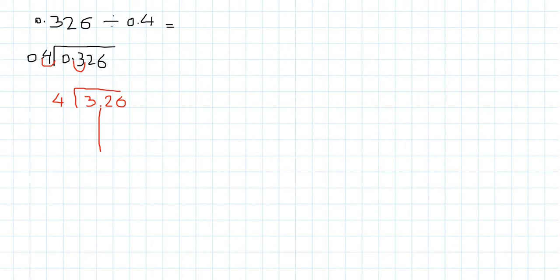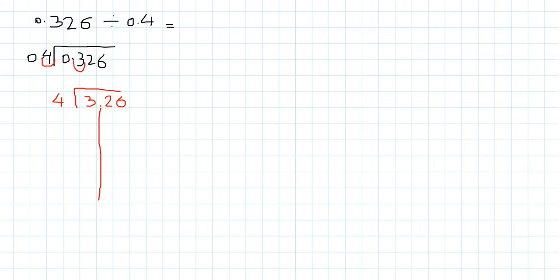Because I have the decimal point, I try to take it down, and suppose that it is a wall. When we want to jump the wall, always put a decimal here in the quotient.